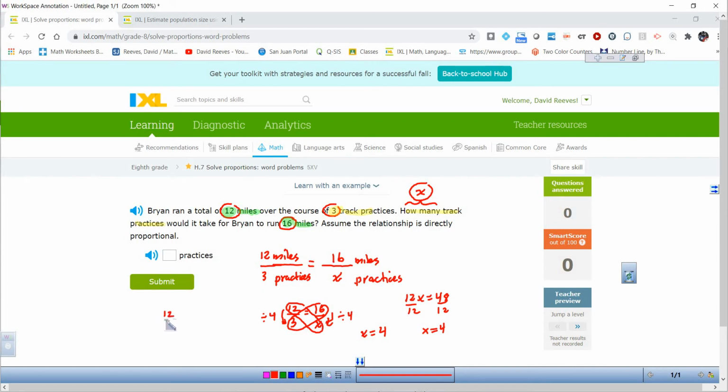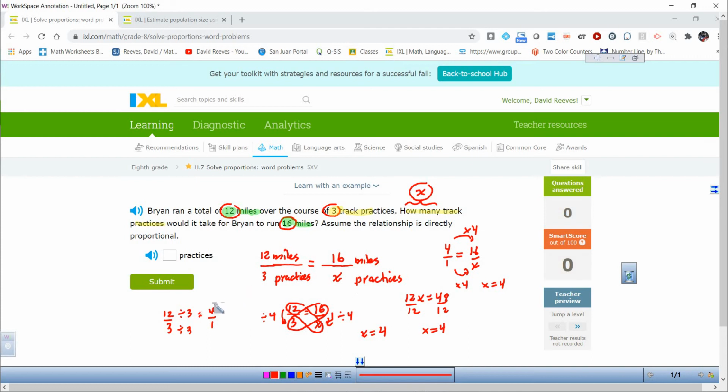We could have taken 12 over 3, as I mentioned in a previous video, we could have divided both of those by 3 and changed it to 4 over 1, right? In which case then we'd have 4 over 1 equals 16 over x. And then we could have seen, oh, that's times 4. So that is going to be times 4. And we could have gotten x is 4 that way. So many wonderful ways to solve a proportion, right?